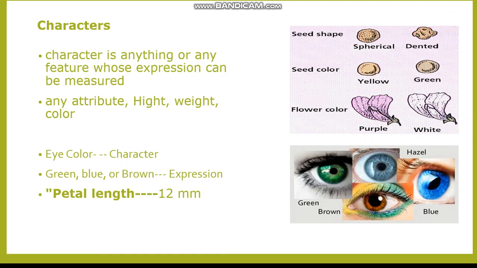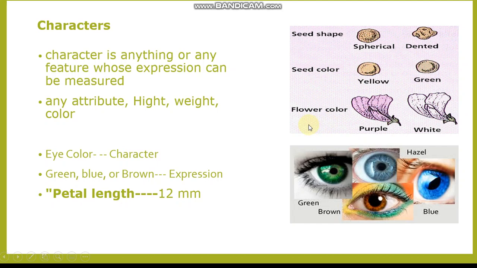Likewise, in Mendel's experiments, there are seed shape, seed color and flower color. These are the characters of the pea plant. If we take seed shape, there are various expressions: the seed may be spherical, or it may be dented. If we take color, the seed may express a yellow color, or it may express a green color.